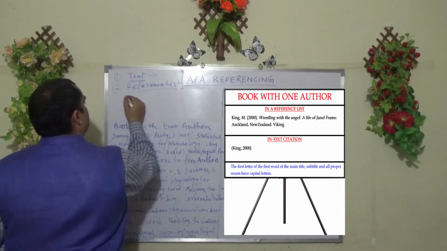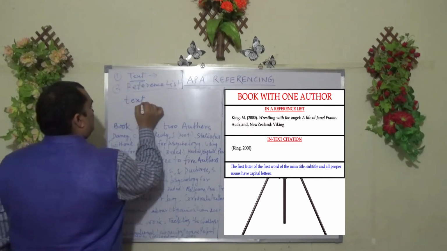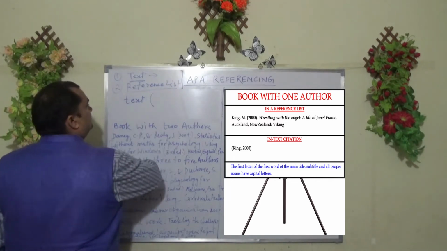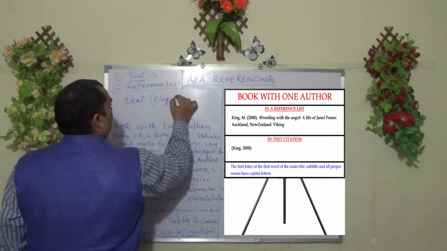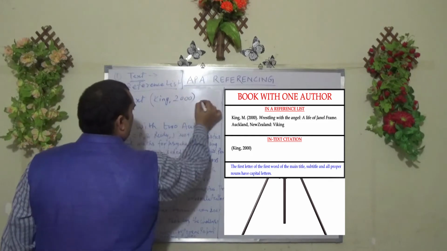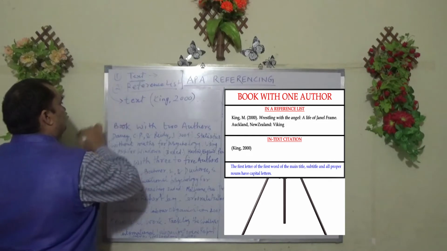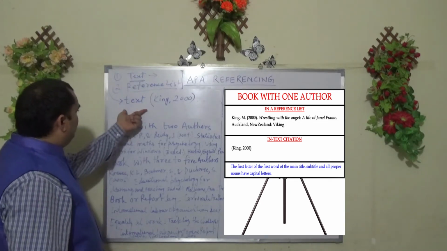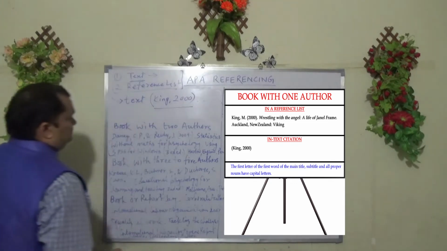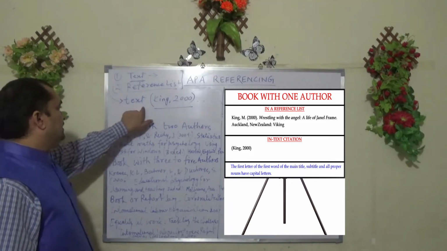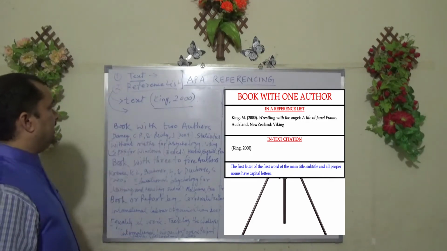For example, the text goes on and we follow the indirect method here. Suppose we have to cite the author name here, so we write King, comma, and the year of publication, and then close the bracket. Again the text continues. This information about the author and year of publication is mentioned in between the text. And the second one is the reference list, which is given in detail at the end of the article.